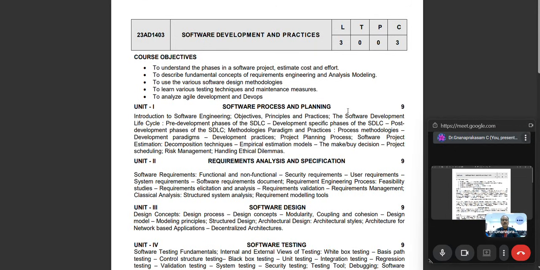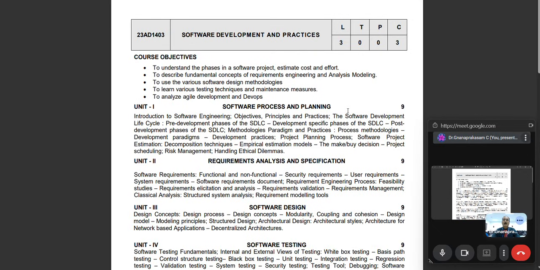We also have security requirements, user requirements, system requirements, software requirements, what documents are needed, and what process is behind the project, and what feasibilities are available.